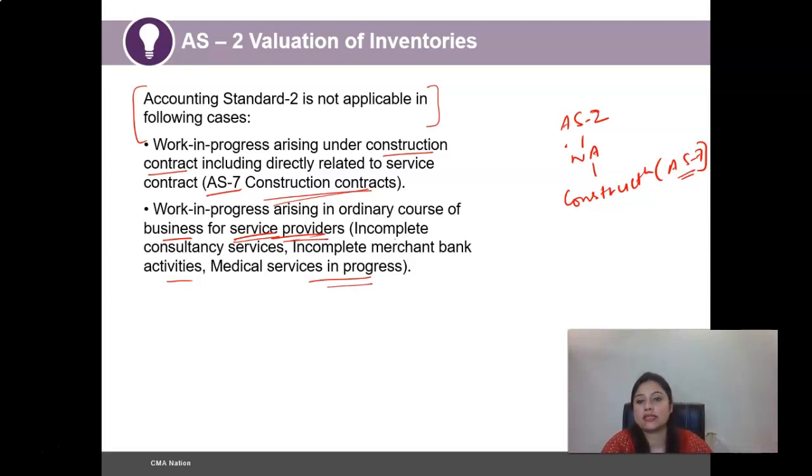So this is again an exception: work in progress arising in the ordinary course of business for service providers will not be valued according to accounting standard 2.